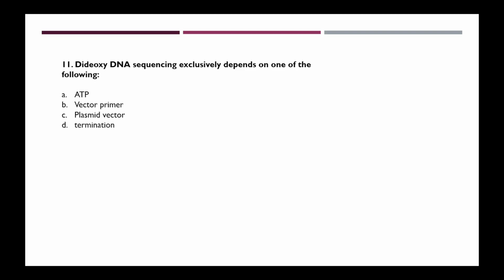So you isolate the plasmid from many colonies, send the plasmid for sequencing, and then by sequencing you can analyze whether your gene of interest is present in that particular colony or not. So here, dideoxy DNA sequencing depends on which of these four steps? Can you tell me?